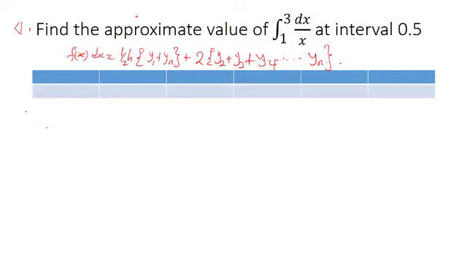So first of all, we have the boundaries 3 and 1, then dx over x. This is equivalent to the integral from 1 to 3 of 1 over x dx, which is equal to ln x.